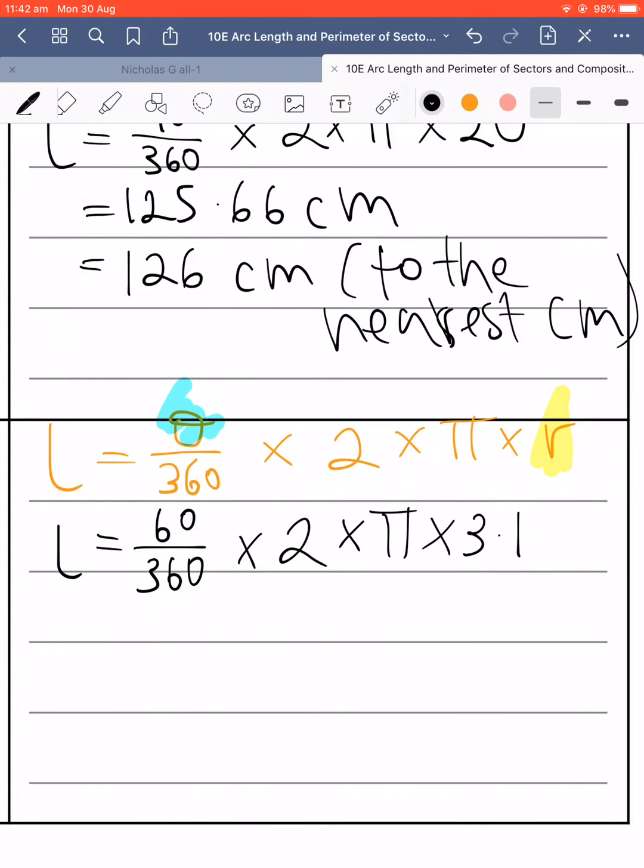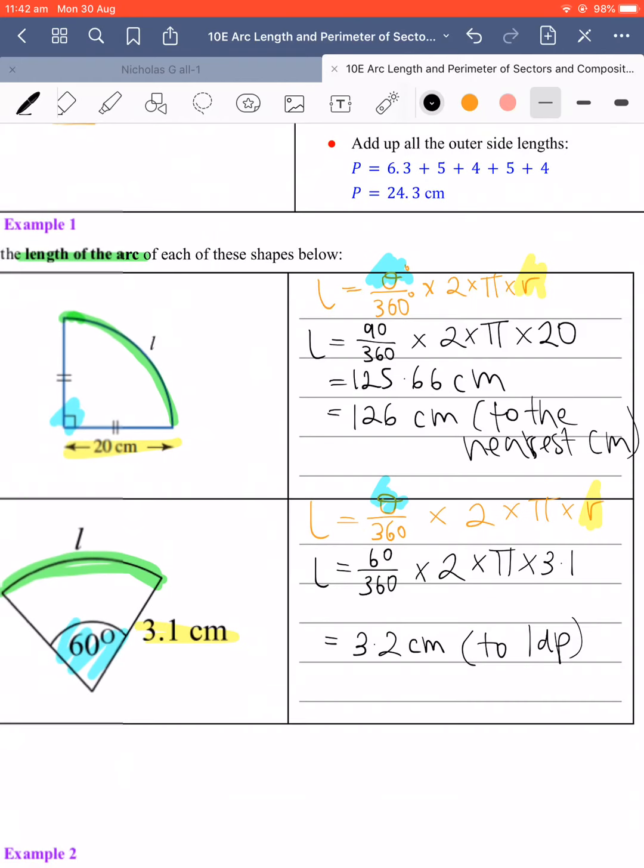I end up with 3.2 centimeters, and that is to 1 decimal place. The reason I did 1 decimal place is because the question stated my radius in 1 decimal place, so I'll do the same here.